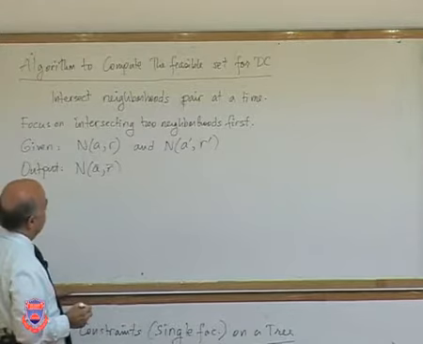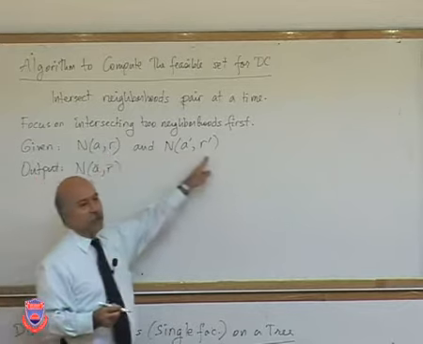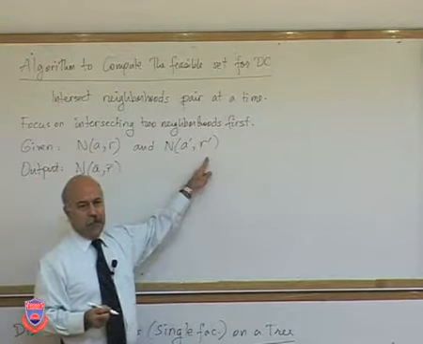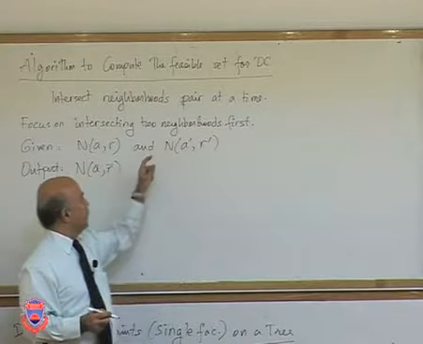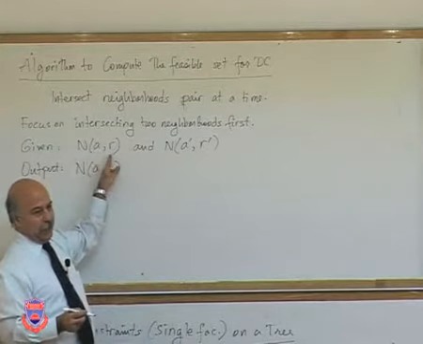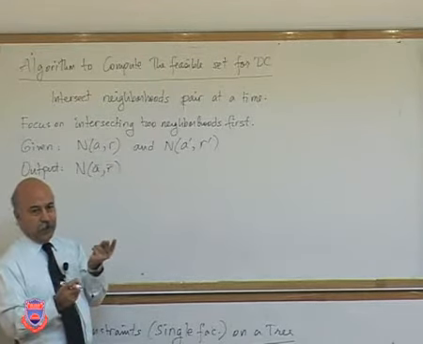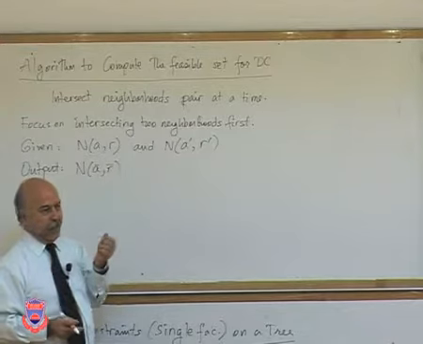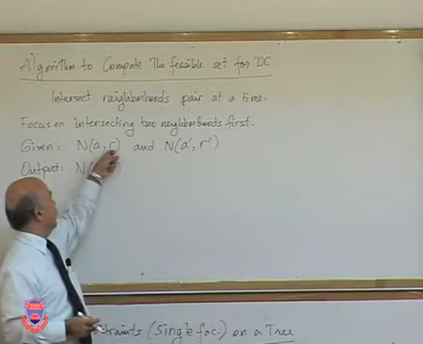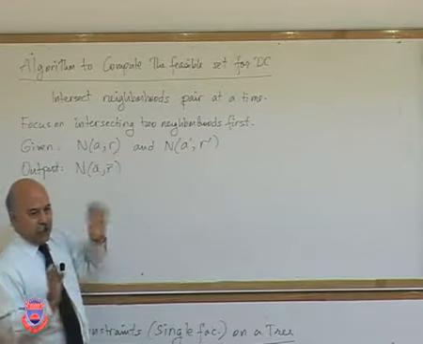Now, here, of course, I did not make any restrictions on the numbers R and R prime. But if one of them happens to be negative, by definition, you don't have a neighborhood because the distance between any two points cannot be less than or equal to a negative number. So whenever R is negative, the neighborhood is empty.